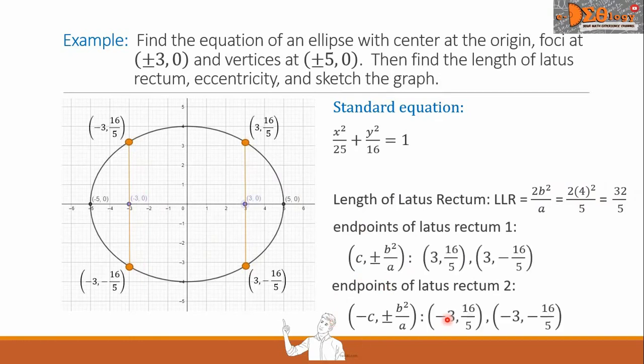Substituting the values, this point is (3, 16 over 5). The second point here is (3, negative 16 over 5). For the second latus rectum, one endpoint here is (negative 3, 16 over 5), while the second endpoint is (negative 3, negative 16 over 5).